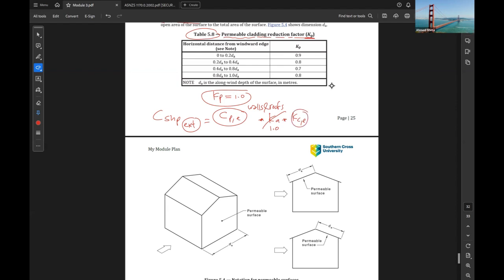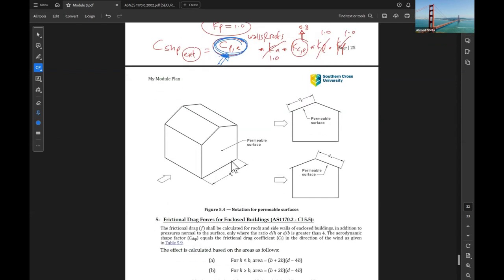How much is KCE? We mentioned KCE will be 0.8, times KL 1, times KB 1. So again, just to emphasize that the main value we need to consider is the value of CBE, the external pressure coefficient.